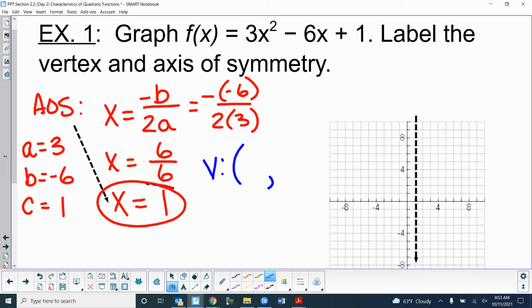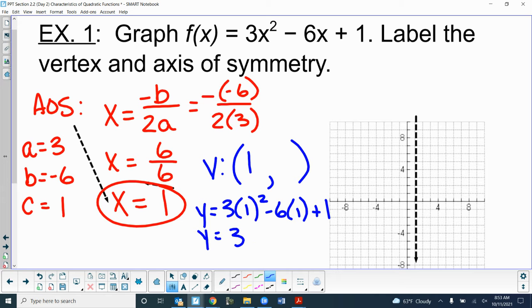What's the x value of the vertex? 1. Okay? Where do I find the y value? Plug it in, right? So for the y, I get 3 times 1 squared minus 6 times 1 plus 1. What's 1 squared? 1 times 3, 3.